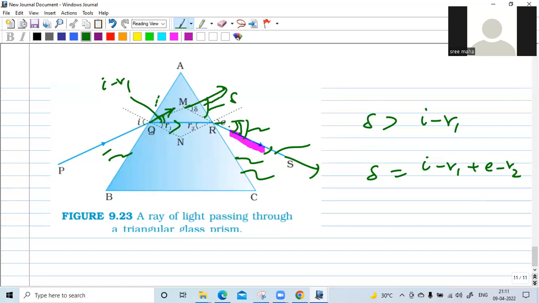Same logic. This is E minus R2. This whole angle is E, and by the opposite angle, this angle is E minus R2, the same as this angle.